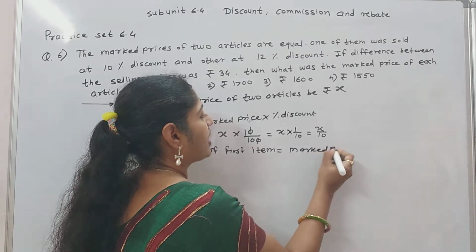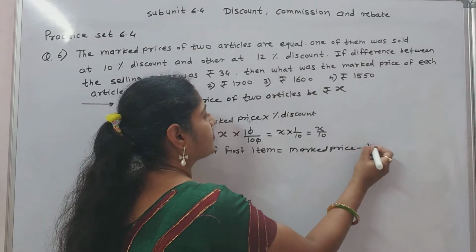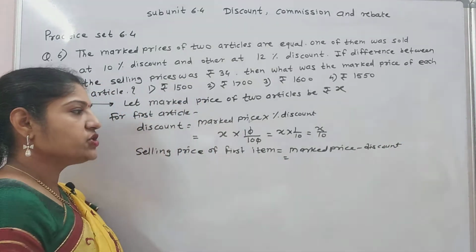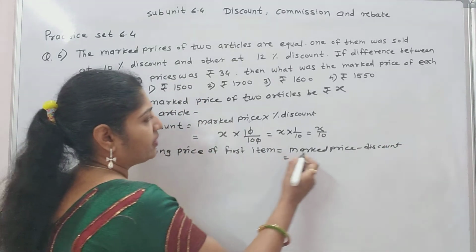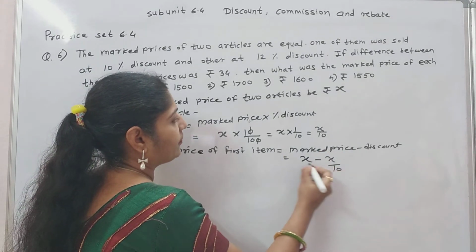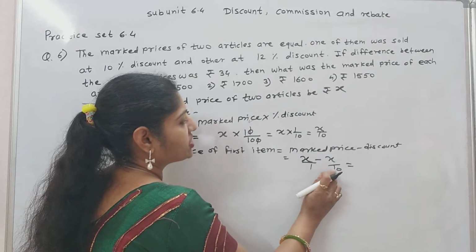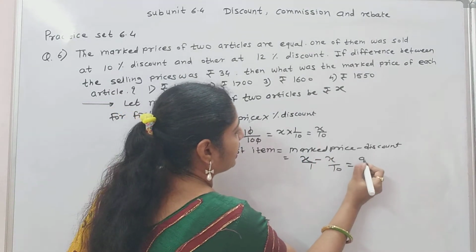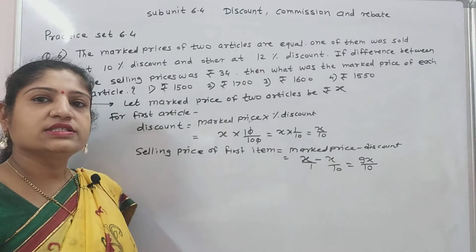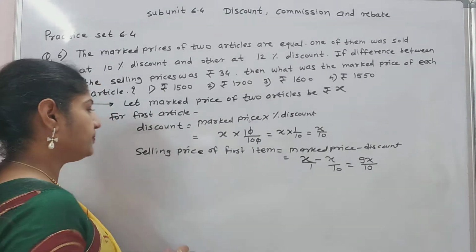Mark price is X minus discount X upon 10. Cross multiplication, 10X minus X, 9X. 9X upon 10 is the selling price of the first article.